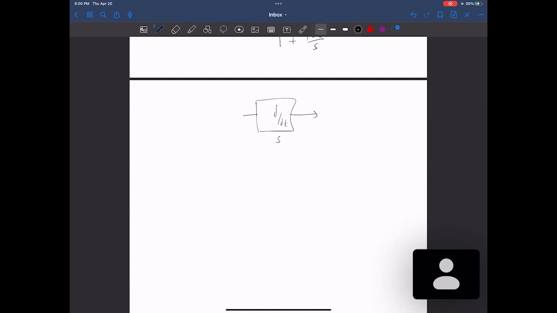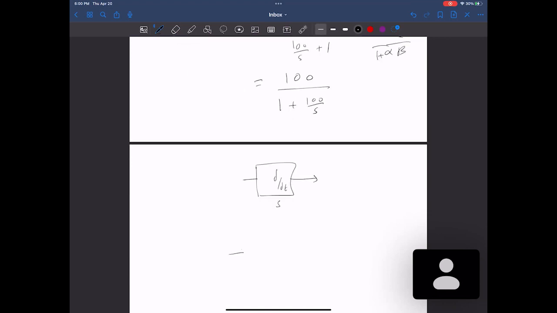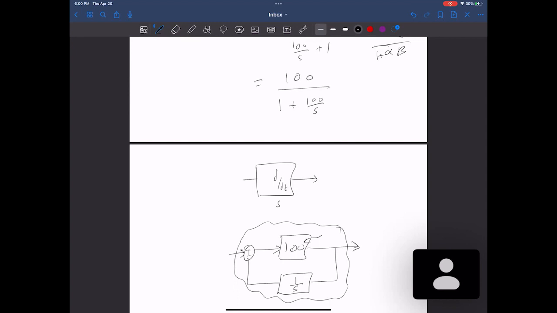It's going to be some gain forward path of 100, and then the feedback path is going to be 1 over s. So this is equivalent to a differentiator with a pole at minus 100. That's what we've done in Simulink.